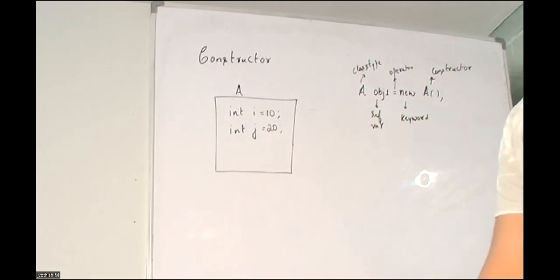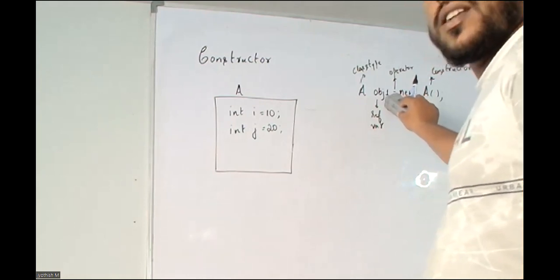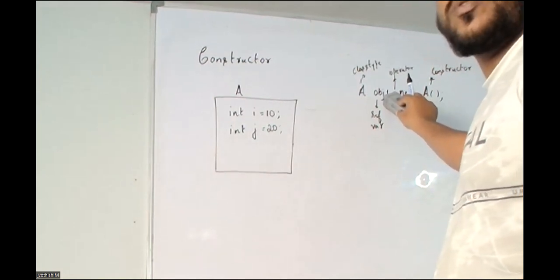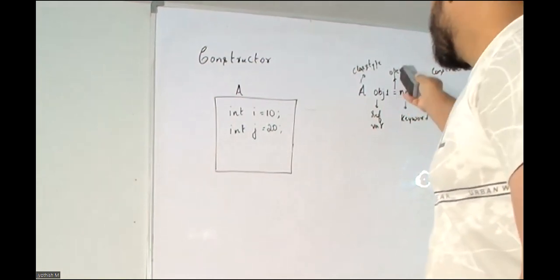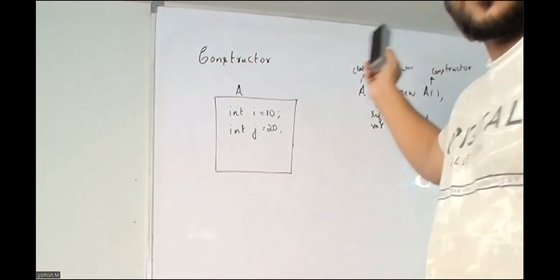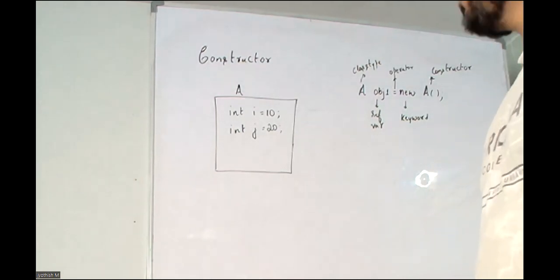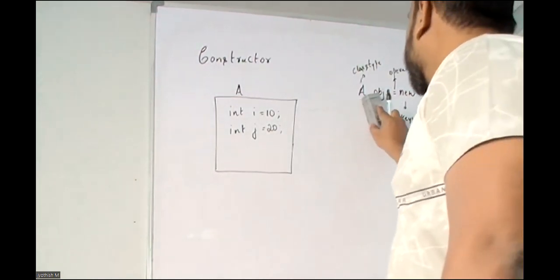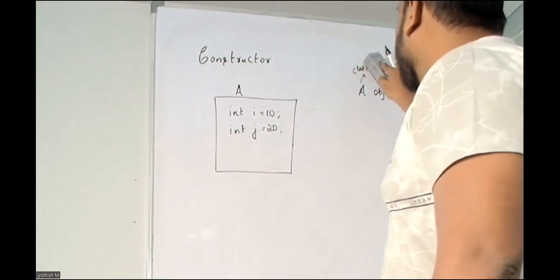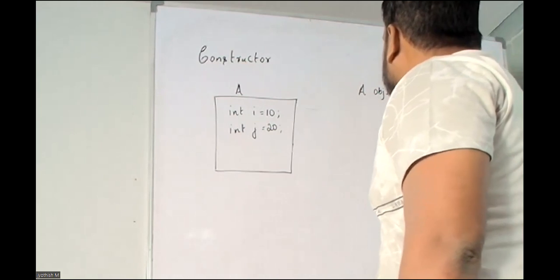Is equals to is an operator, new is a keyword, A is a constructor. Okay. So where is it used?